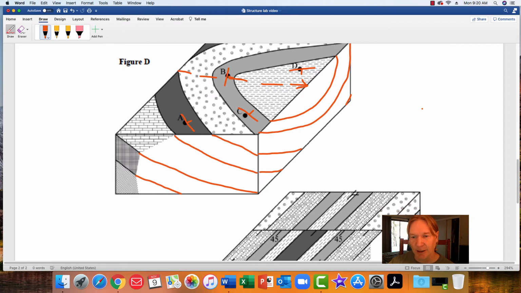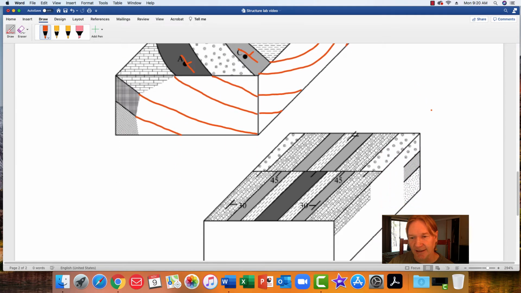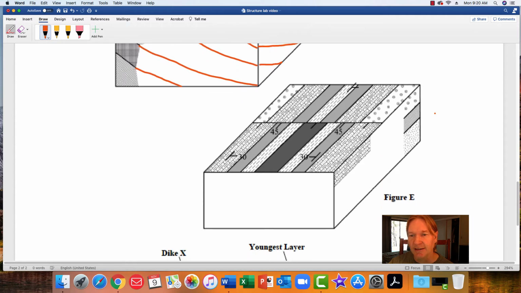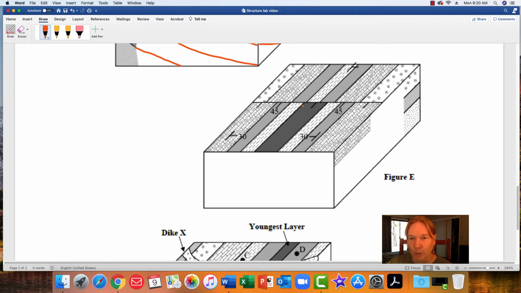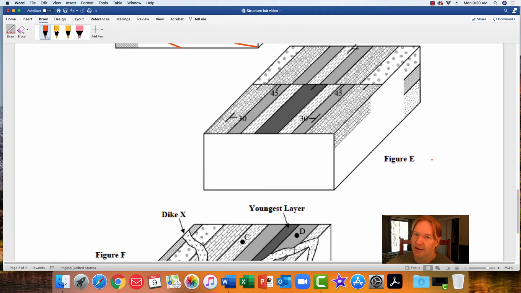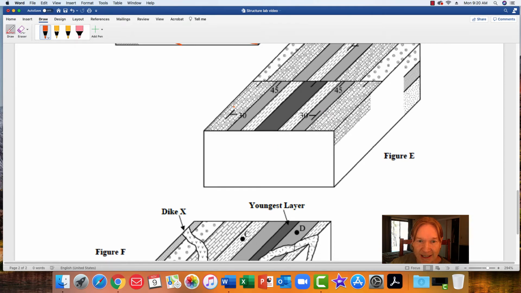So let's keep going. Let's look at this guy. This is a tricky one because it's combining a fold with some type of fault here. So first things first, what kind of fold are we looking at? Well, this one does have strike and dip symbols, and they are pointing towards the middle layer right here, so I know that this has to be a syncline.